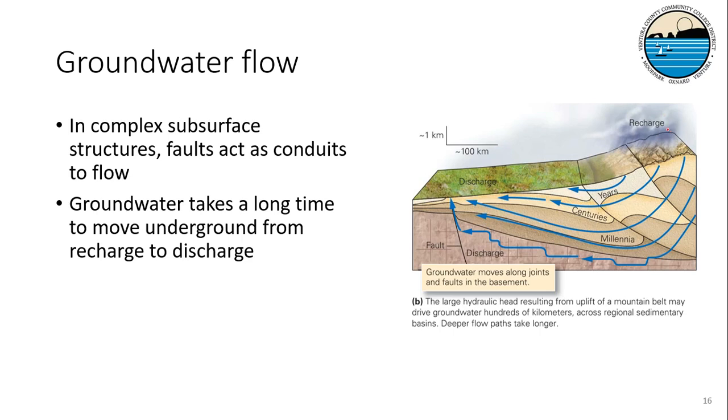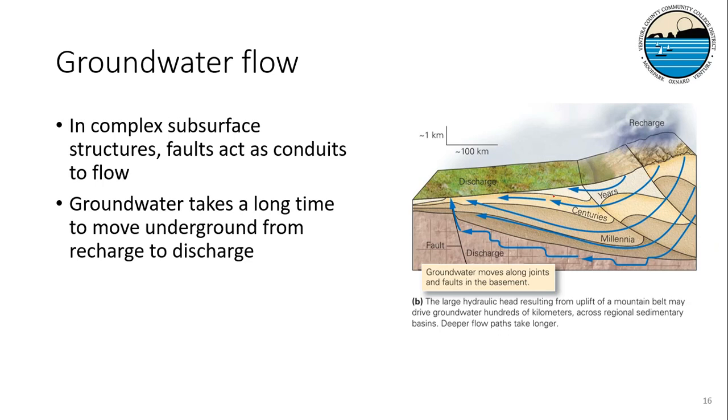So in the diagram on the right, we have recharge from rain up here, and we expect the water to flow from high pressure to low pressure. Say that we have a fault here, it'll take a long time for water in these different layers to reach a discharge point. Say that this discharge point is a water well, for example. The majority of the water that we're going to get could be from layers below.